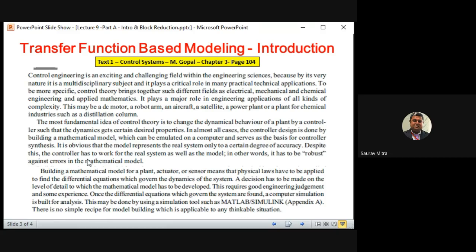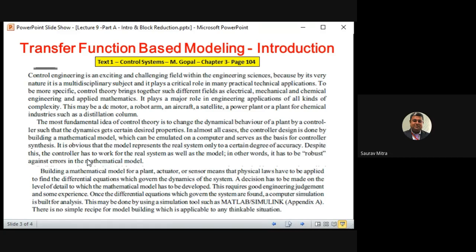How to control an epidemic? What are the variables causing this epidemic? How to curb it down? How to make the curve flat? All these things fall in the control system domain. To be more specific, control theory brings together such different fields as electrical, mechanical, chemical, applied mathematics, share market, finance, business, hydraulics, pneumatics, medical science, everything.